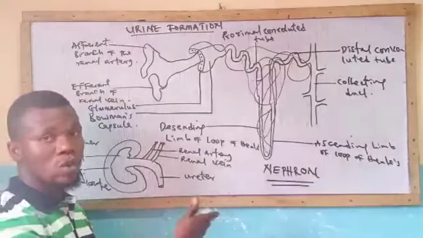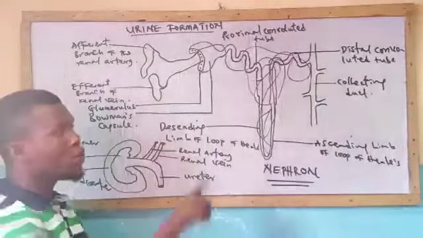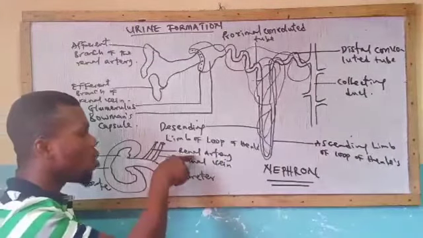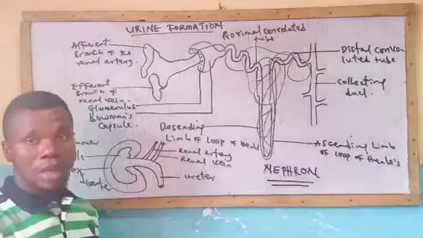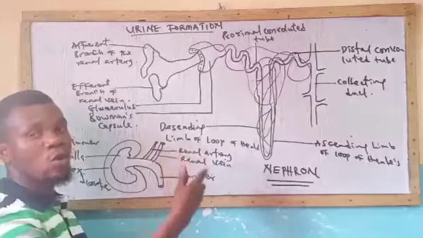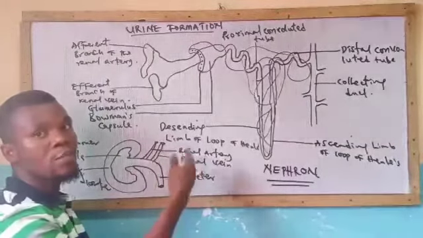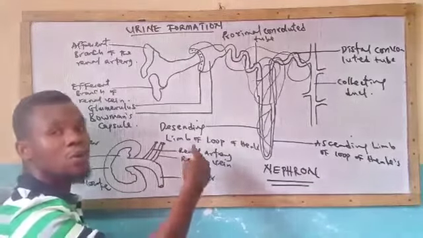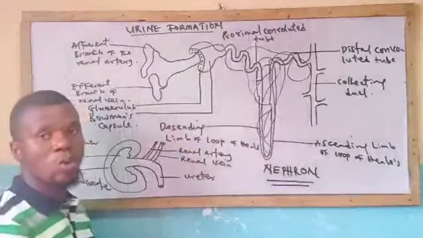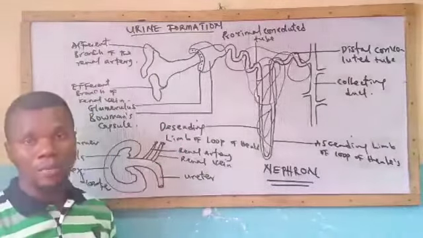That is, the nephron is formed from smaller units of the renal artery. After the whole urine process, the remaining blood will be returned to the circulatory system through the renal vein.